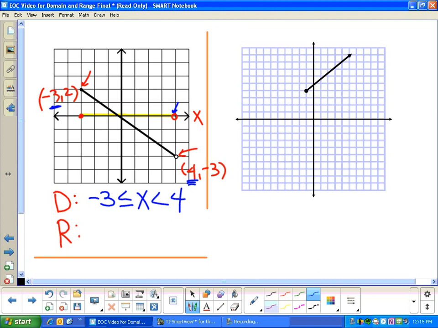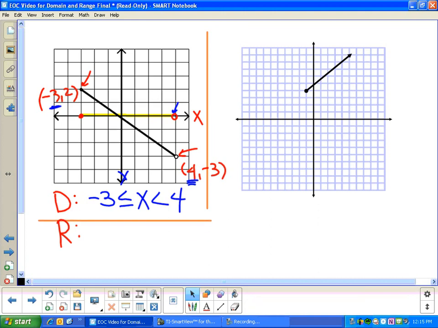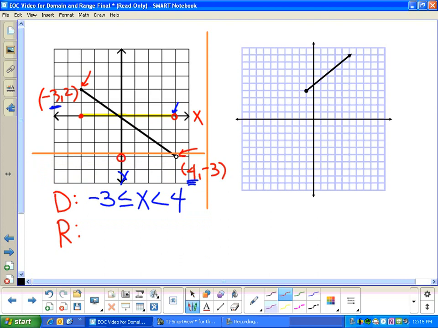Now let's look at my range. Range is y, so I'm going to use my y-axis. Up I go, and I'm going to start highlighting here. I'm going to remind myself that it's an open circle by putting it there. I'm going to highlight all the way to this point here, which is a closed circle.